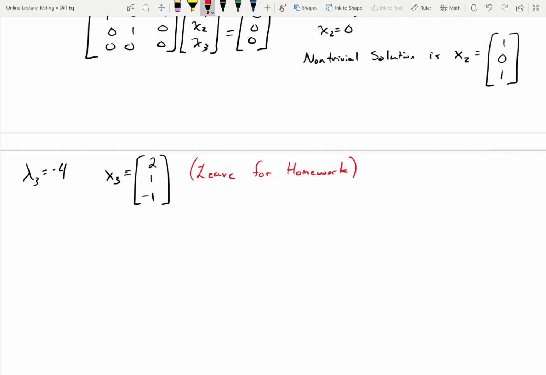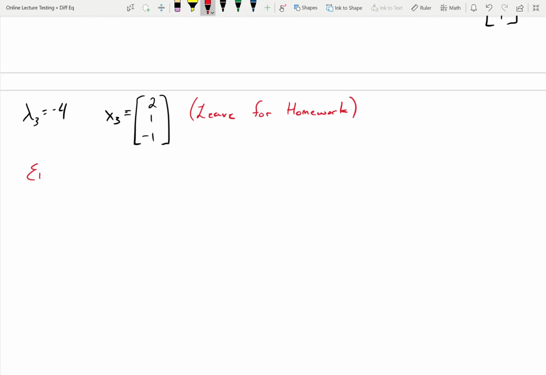So our eigenpairs, just to recap everything: lambda 1 is equal to 0, x1 is equal to 1, 1, 2. Lambda 2 is equal to 4, while x2 is equal to what we just found, 1, 0, 1.